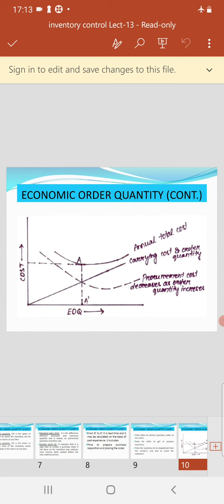So we have to calculate the total annual cost, and the point at which the procurement cost and the carrying cost intersect, the quantity at that point is known as economic order quantity.